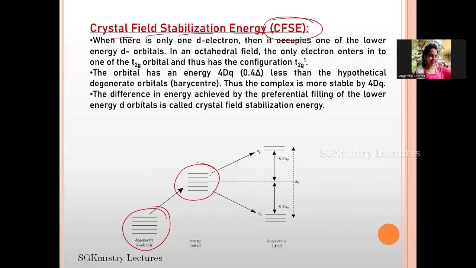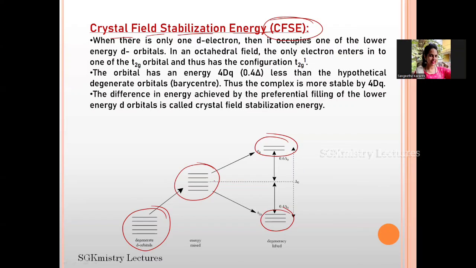Now what happens in the presence of an octahedral field? We know that splitting occurs. Two orbitals will have higher energy, and the three orbitals will have their energy decreased when compared to the hypothetical barycenter. So T2G will have lower energy, EG will have higher energy.